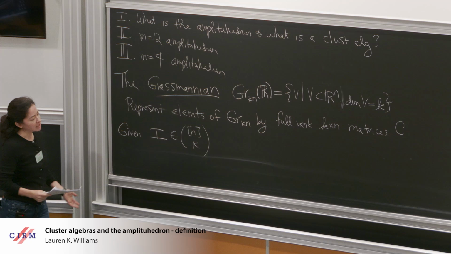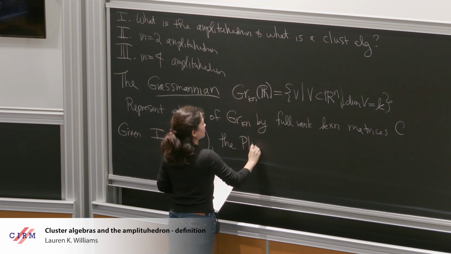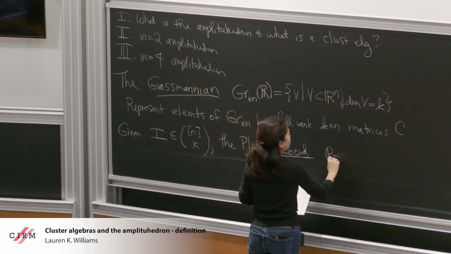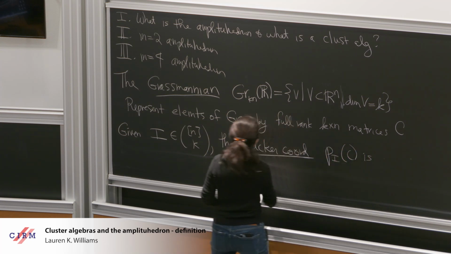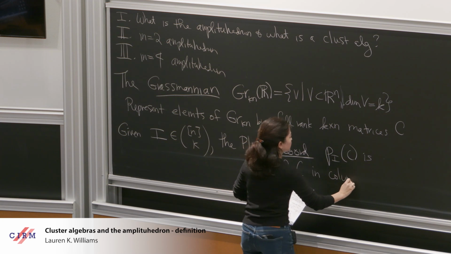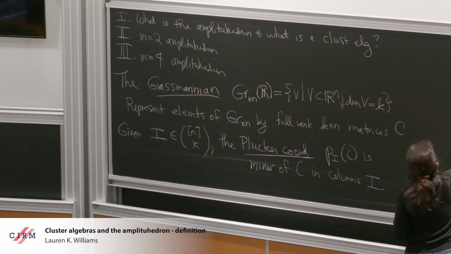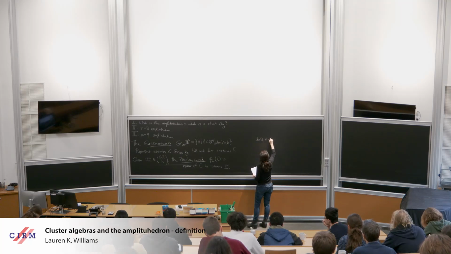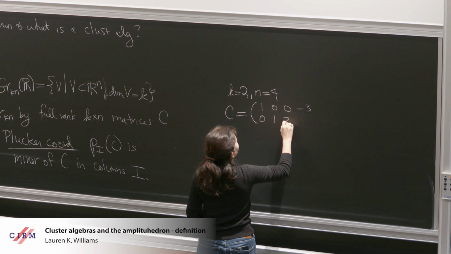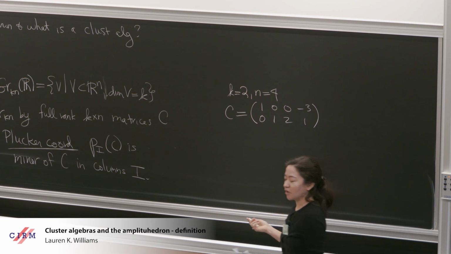So if I have capital I, a k-element subset of the numbers 1 through n, then the Plücker coordinate P sub I of C is the minor of C in columns I. So for example, say my k is 2 and my n is 4, and my matrix C is 1, 0, 0, minus 3, 0, 1, 2, 1, then the row span of C gives me a 2-dimensional subspace of R^4.